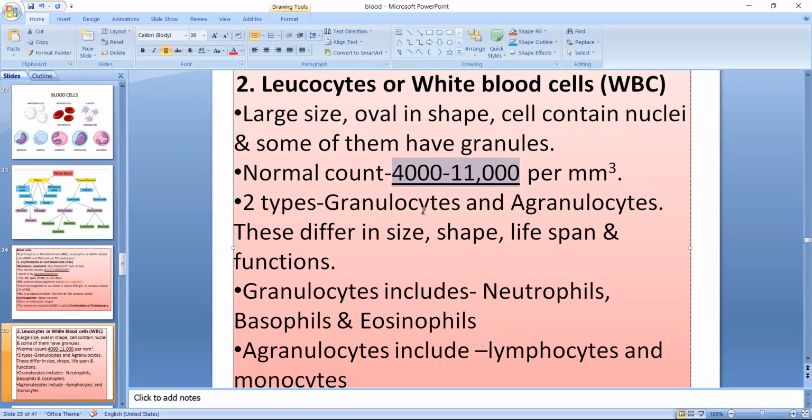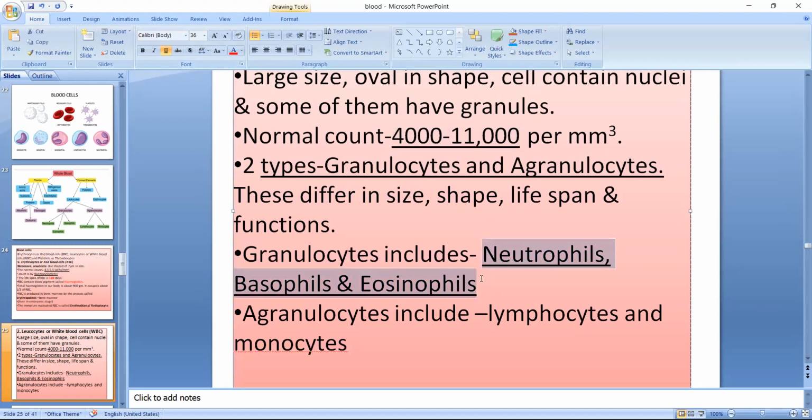There are two types of these cells, granulocytes and agranulocytes. Granulocytes include neutrophils, basophils, eosinophils. Agranulocytes include lymphocytes and monocytes.